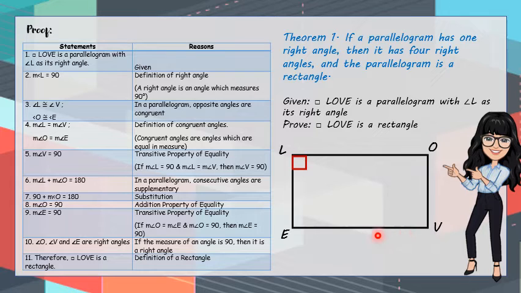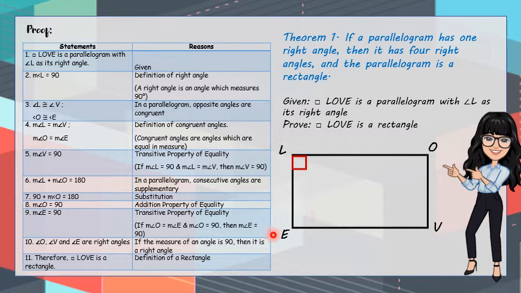So what will be our reason? Our reason for that is, in a parallelogram, opposite angles are congruent. This is one of the properties of the parallelogram. Opposite angles are congruent. So we have here angle L. Opposite of angle L is angle B. Since this is a parallelogram, we can say that angle L and angle B are congruent.